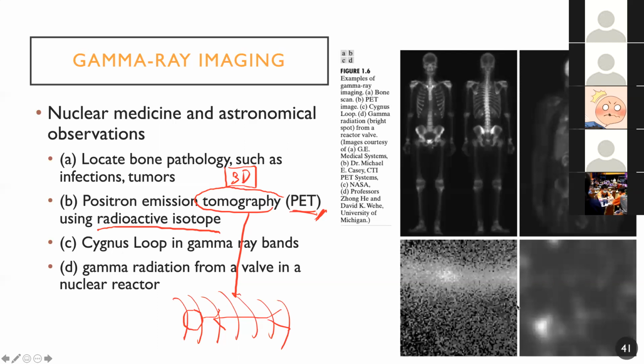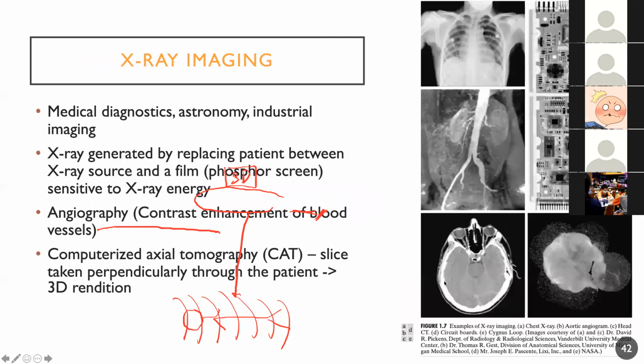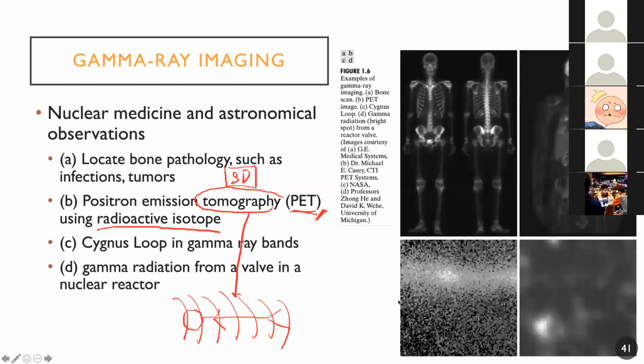For example, image C is the image of the Cygnus Loop captured in the gamma ray band. You will see the Cygnus Loop again in other slides, in different bands. So this is for astronomy. They also use gamma rays to detect gamma radiation from a valve in a nuclear factory or reactor. So this is the application of gamma ray imaging.